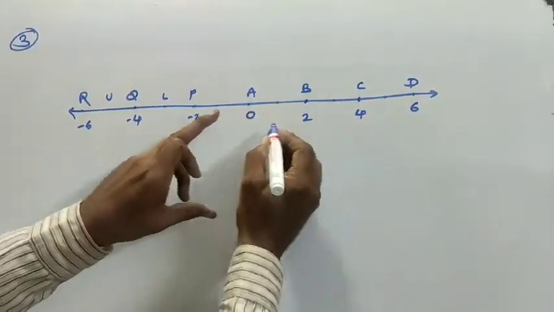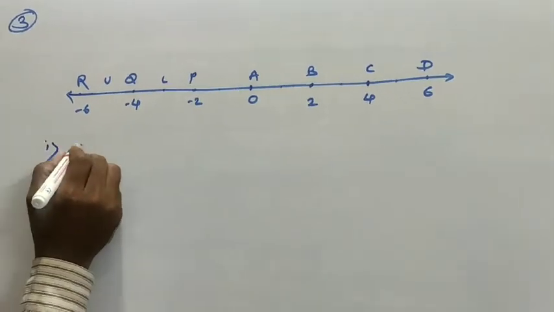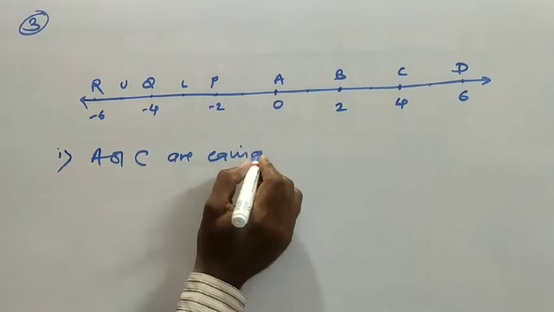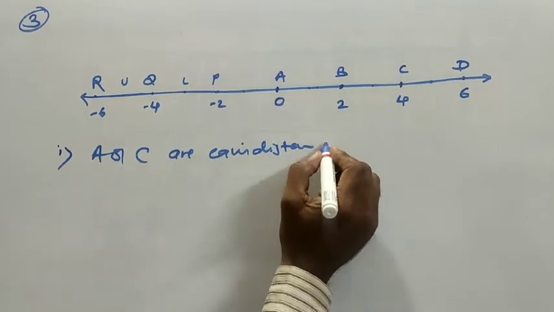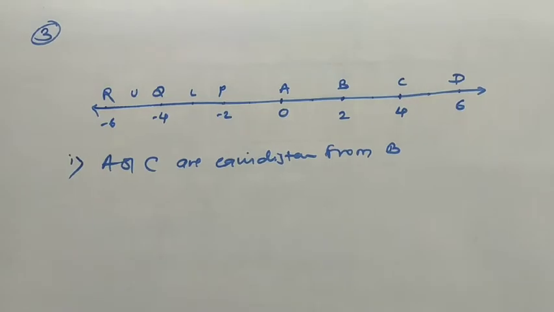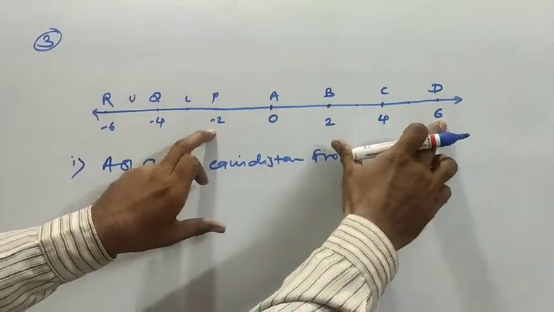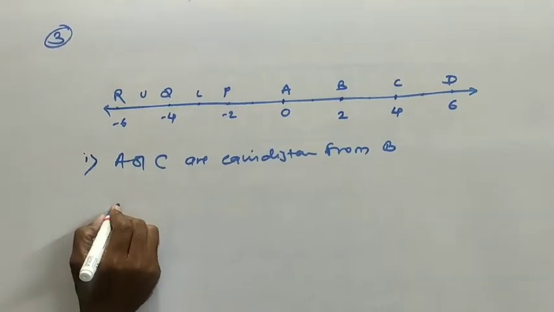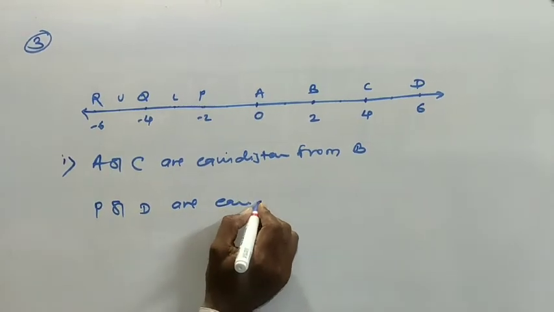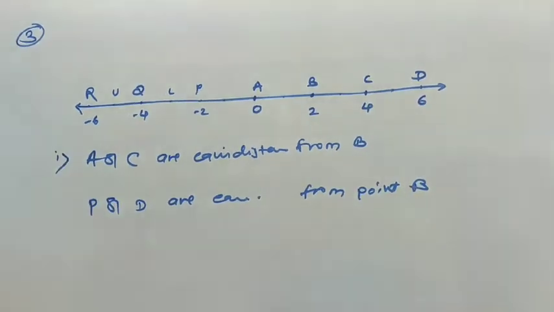A and C are equidistant from point B. Then P and D are also equidistant from point B. Why?